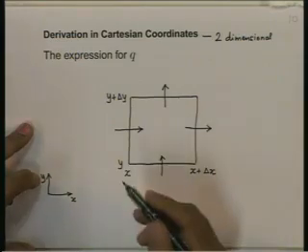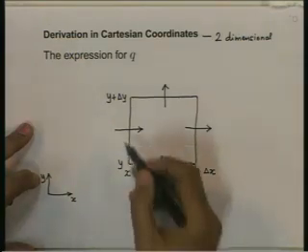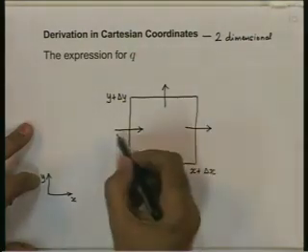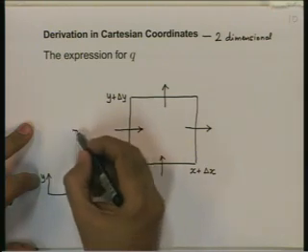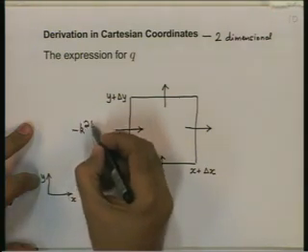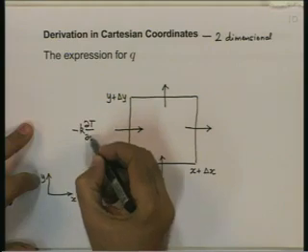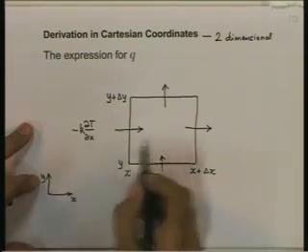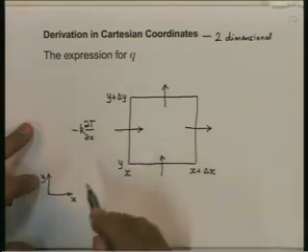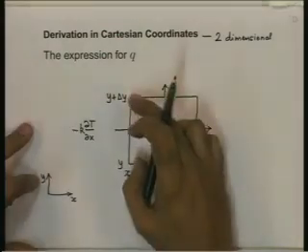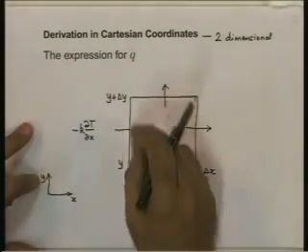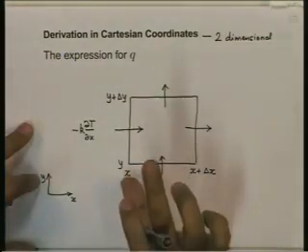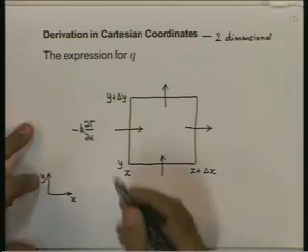Now let us use Fourier's law of conduction to write expressions for these 4 heat flow rates by conduction. This heat flow rate would be minus k dT by dx, that is the gradient in the x direction. We are looking at the heat flow by conduction in the x direction, multiplied by area, which will be delta y into 1. Let us say we are considering a control volume which is unit thick perpendicular to the plane of the paper.